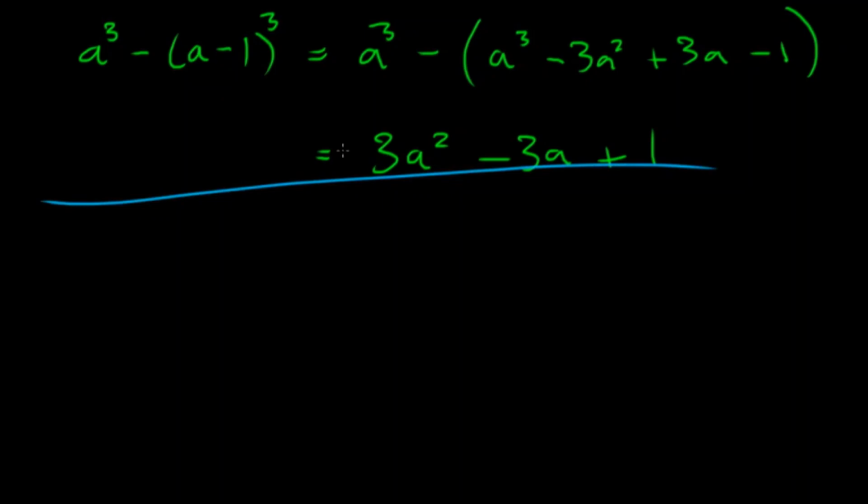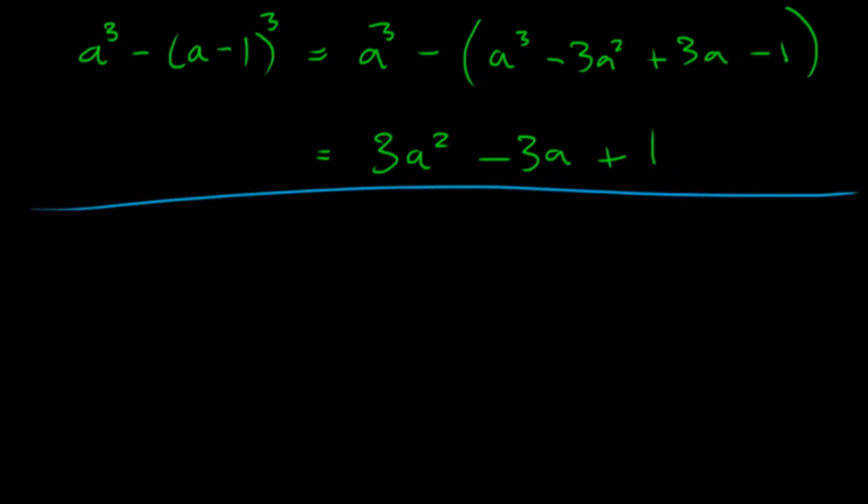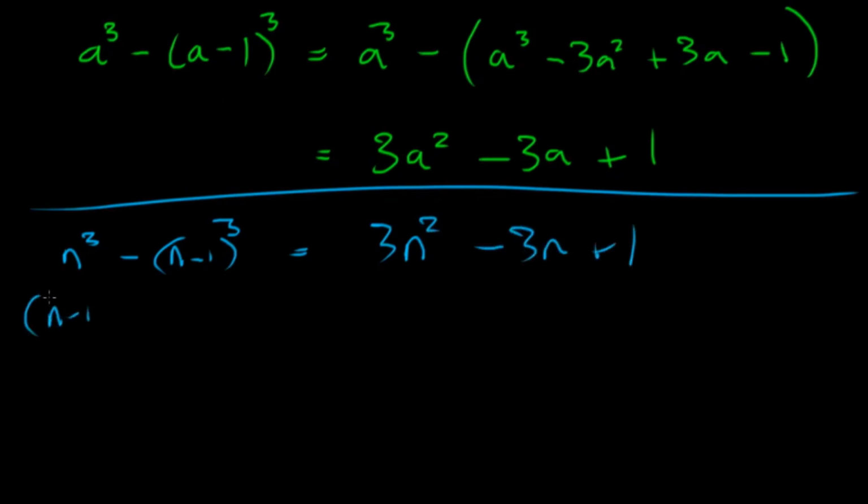So let's add up n cubed minus n minus 1 cubed. What is that? That's just 3n squared minus 3n plus 1. How about n minus 1 cubed minus n minus 2 cubed?